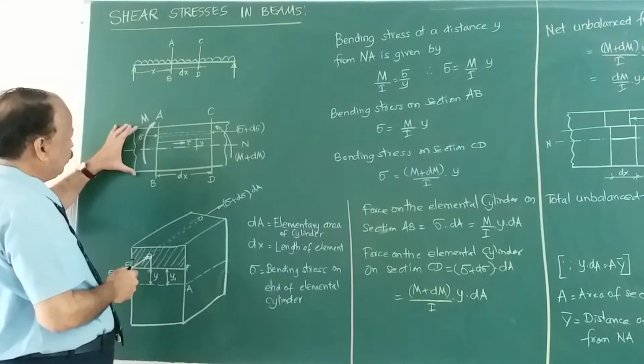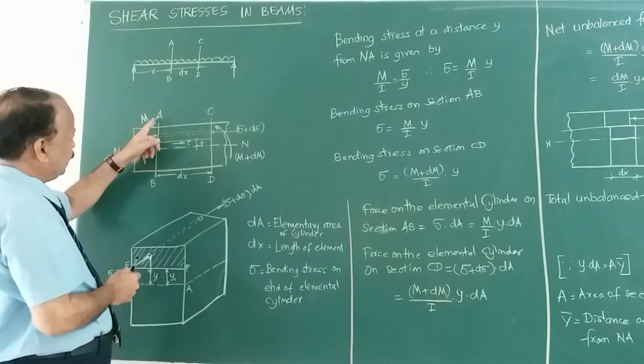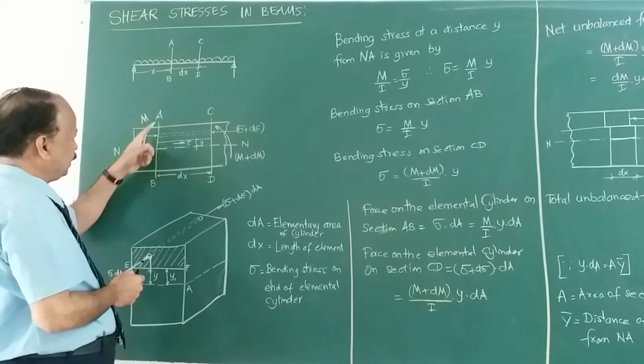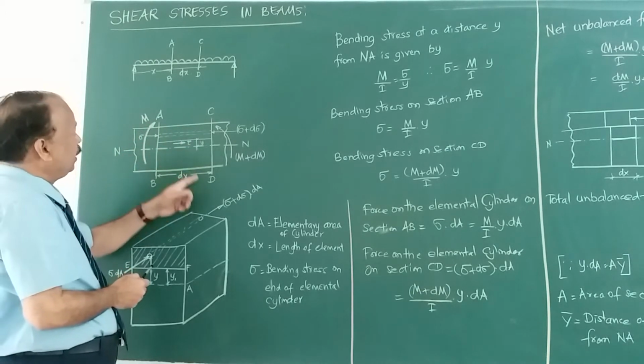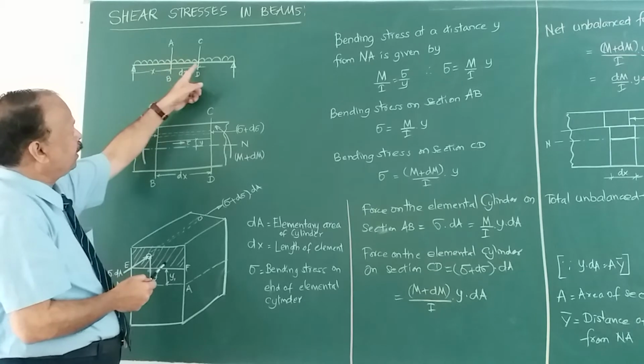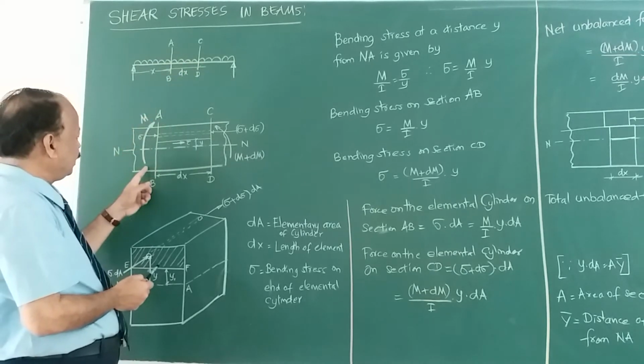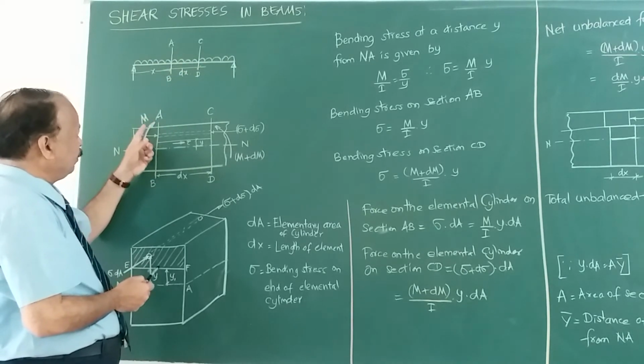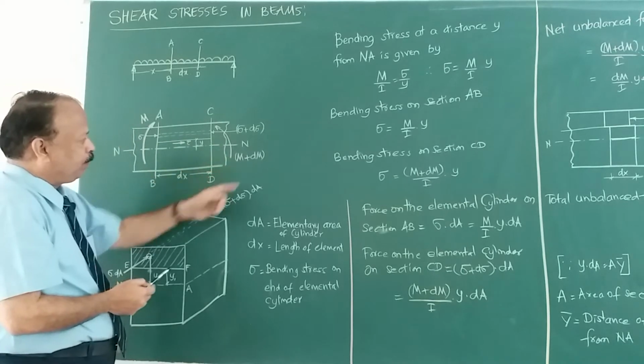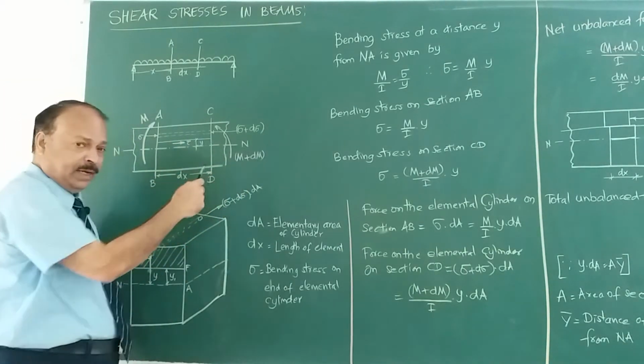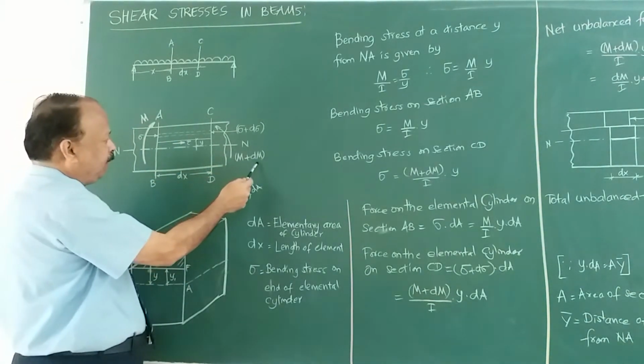This is the depth of the beam, and these are the two sections under consideration, AB and CD. Here there will be one moment, and here there will be another moment. I have designated the moment here as M, and here as M plus delta M. This may be an increment or a decrement.